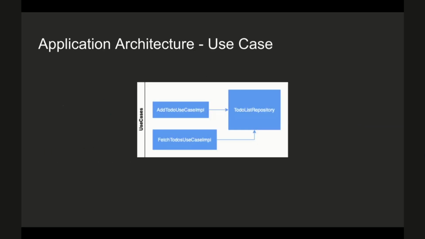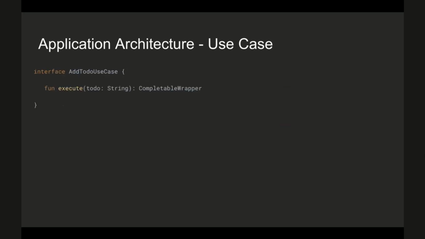If we go a little bit further, the use cases we implemented have a dependency on the repository layer, of course, to add and fetch everything. They are also interfaces, but you can see that they are reactive. We are providing streams so that the view model can provide streams for the view to update.